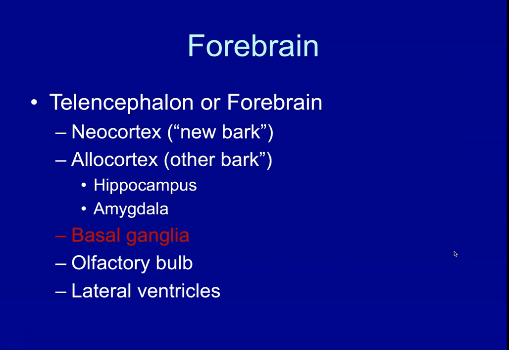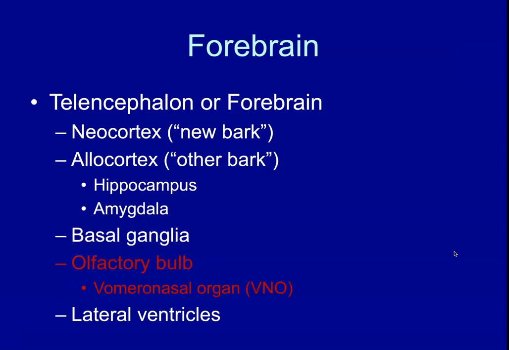The other region is the basal ganglia, and you're going to hear more about that in some of the readings. That region has to do with initiation of movement, and it is dramatically impacted with Parkinson's disease. Then there's the olfactory area, the olfactory bulb, which is an area of the brain where smell enters the receptors of the brain.